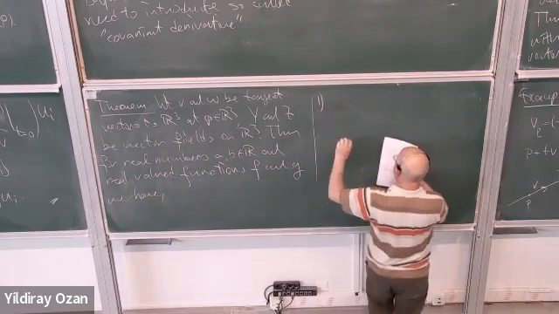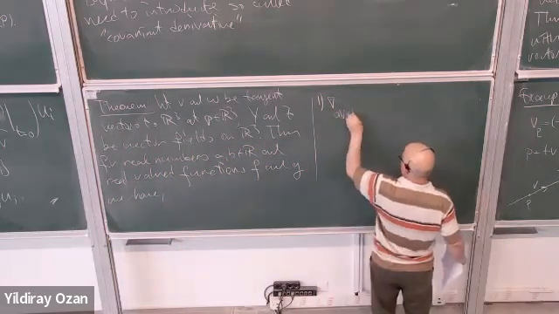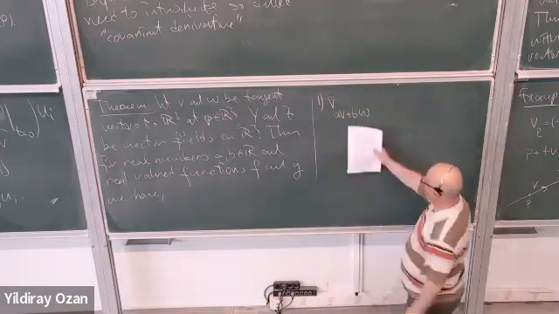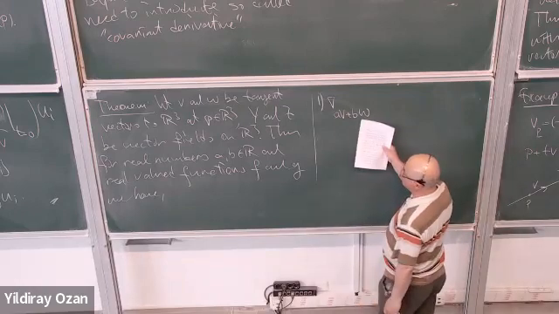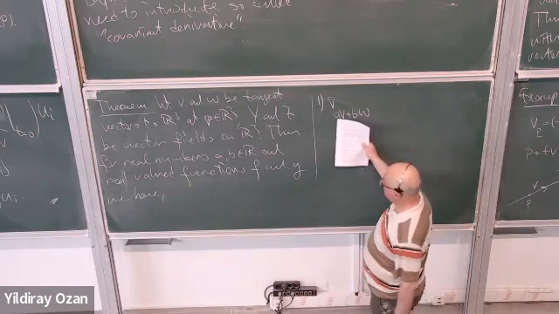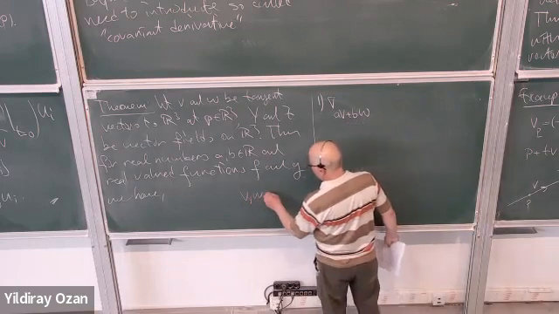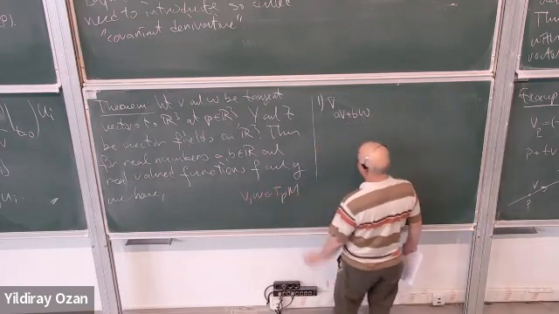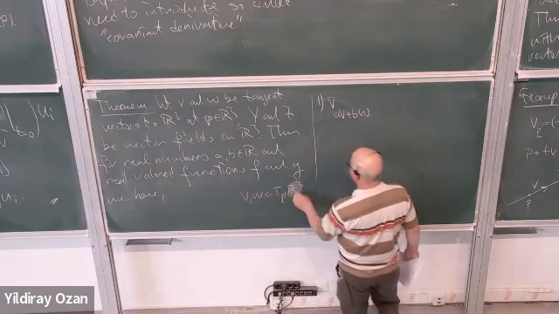The first statement is that if you take a linear combination of these two vectors V and W, I just multiply them by some constants and add them up, I get another tangent vector.